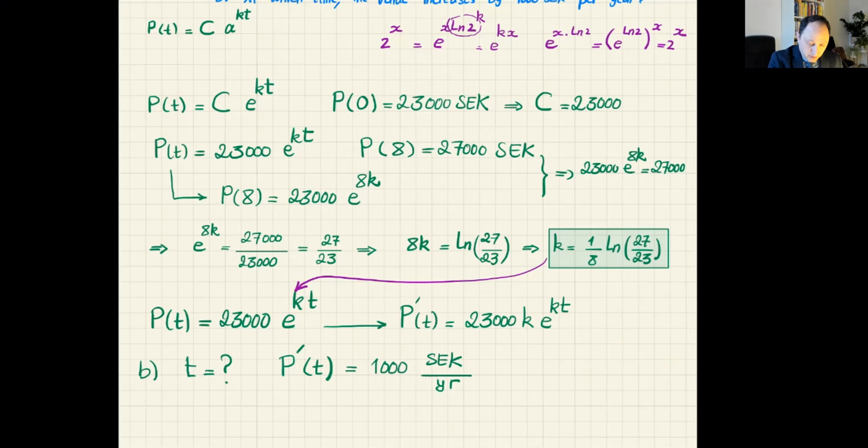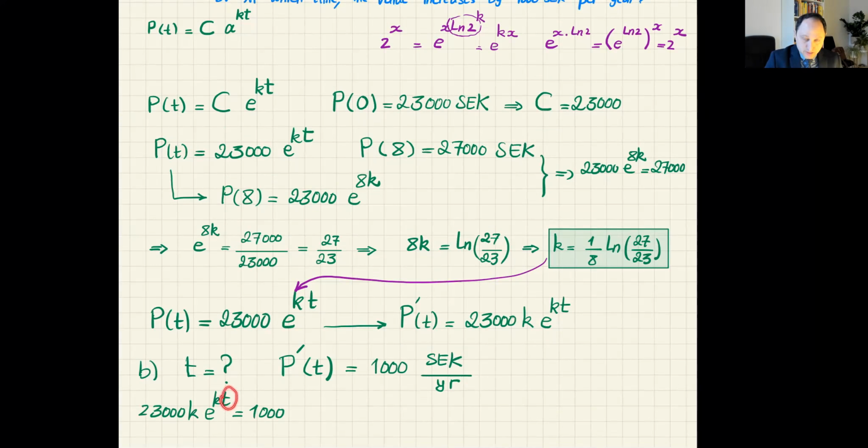Now, on the one hand, p prime is this from our previous knowledge about the derivative. On the other hand, it is given to be this. So this means that these two expressions, these two values should be the same. So it means that 23,000 k e to power kt should be equal to 1000. Let me ignore the units for the time being. If I ask you what is unknown in this problem, don't get confused.